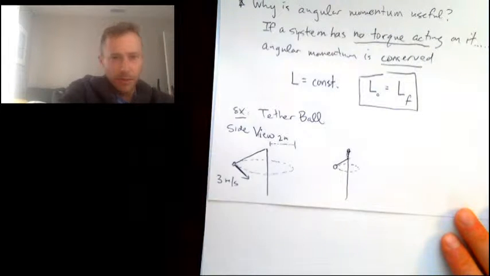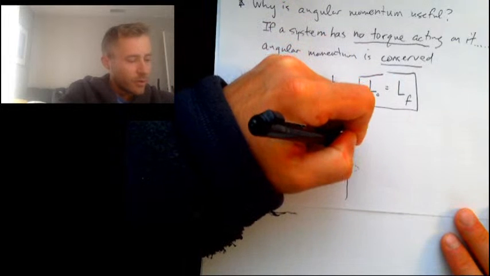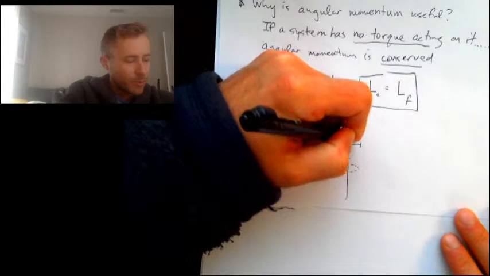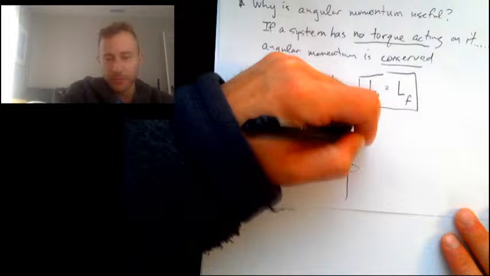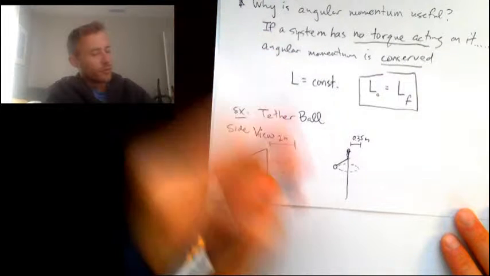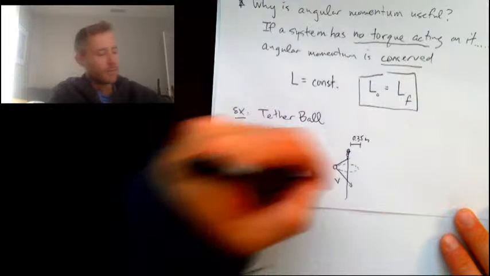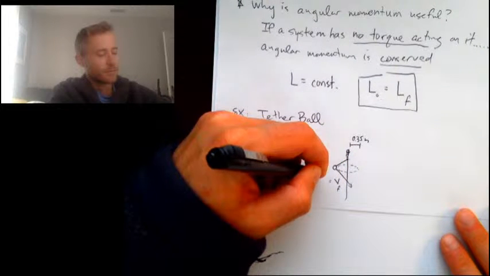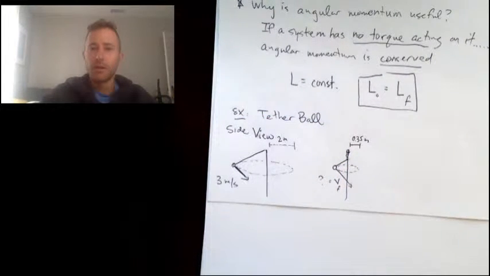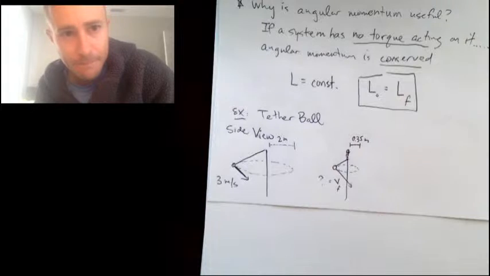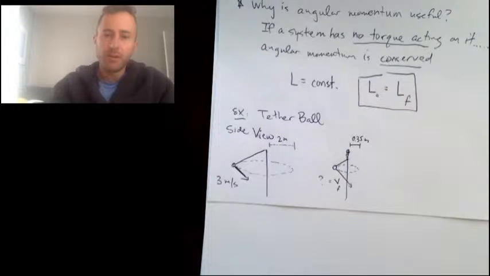This smaller circle only has a radius of 0.35 meters. Okay? So the question is, what is the speed of the tetherball in the end?